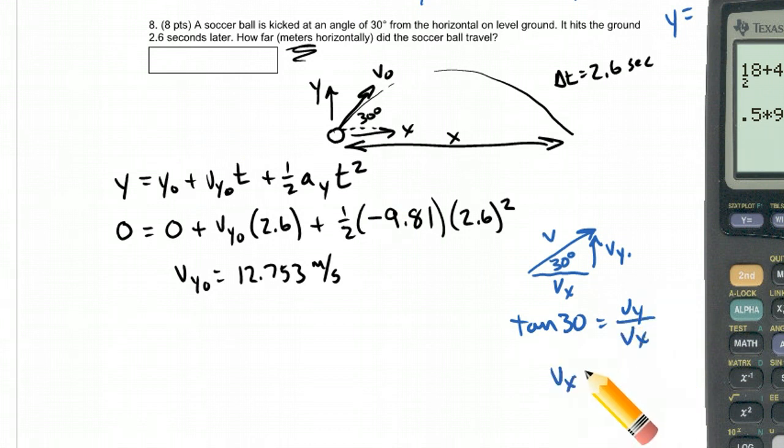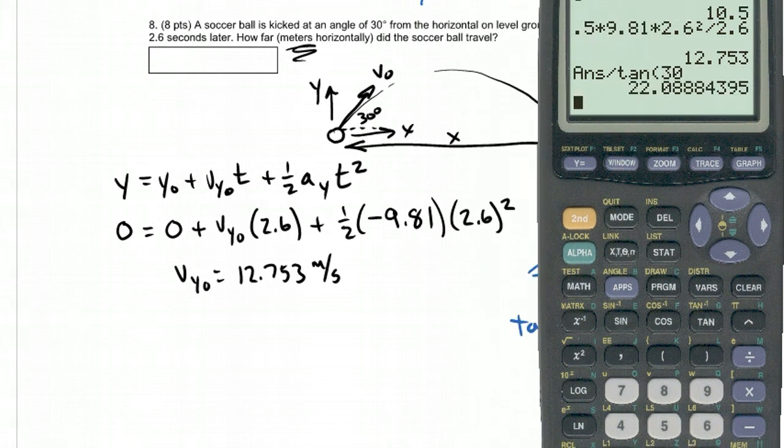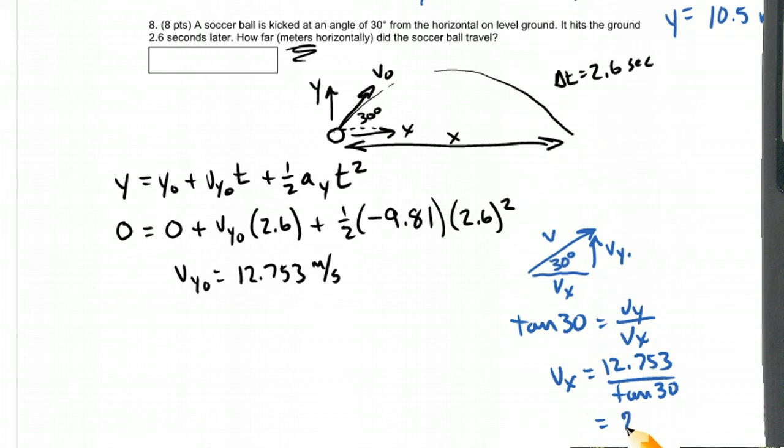I can get vx is equal to vy over tangent 30, which is equal to 22.09, we'll call it.